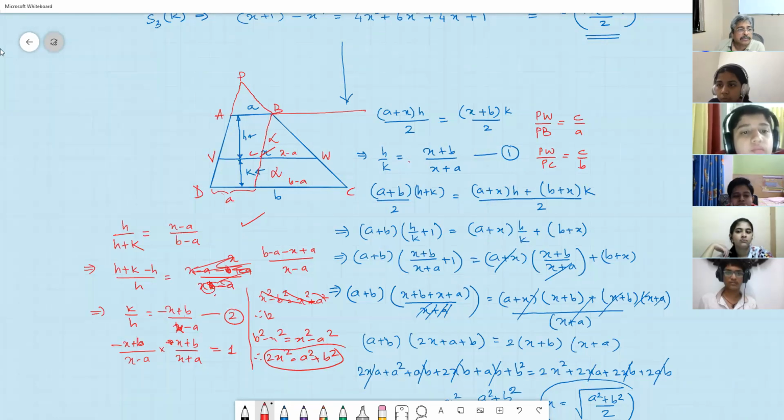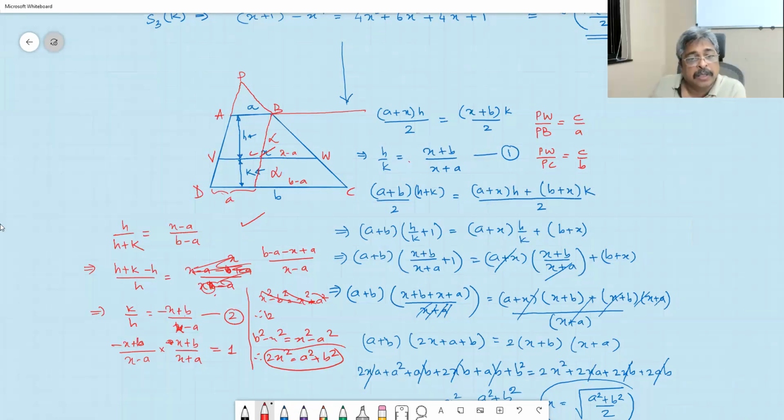Area of PDC upon area of PVW is equal to area of PAB plus 2 alpha upon area of PAB plus alpha. So what is alpha?